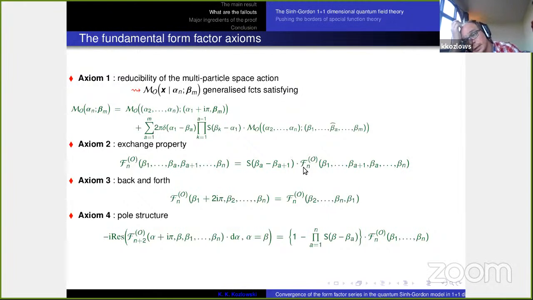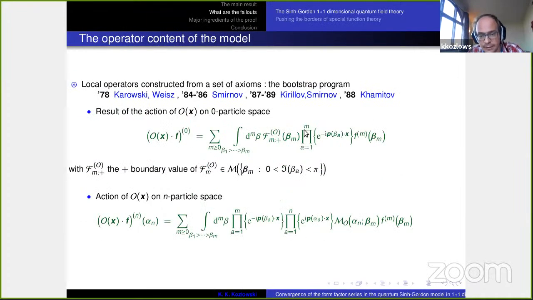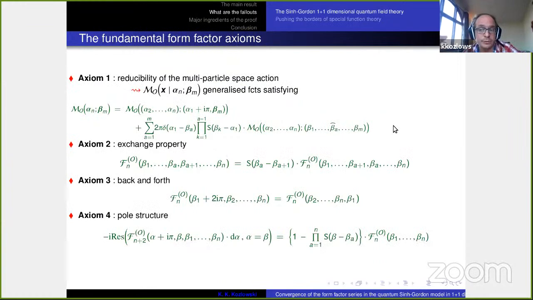I don't give the formula here, but the idea is that you can inductively construct the general kernel m of alpha n beta m in terms of the kernels on the zero particle space, this fm of beta m function. So basically the first axiom tells you that you only need to know the action on the zero particle space, and then the rest of the axioms tell you how you can compute this action.